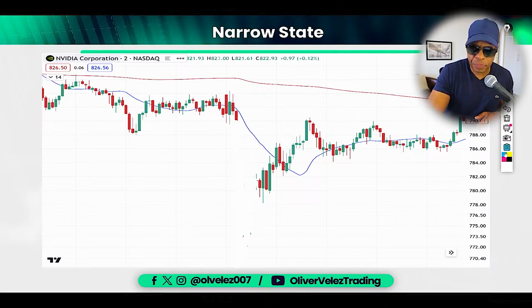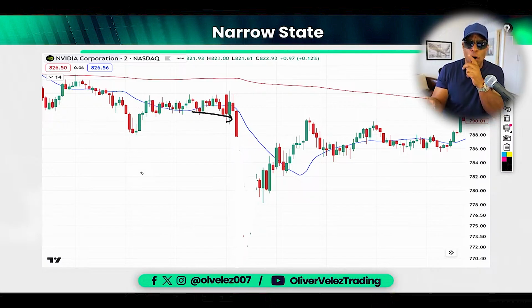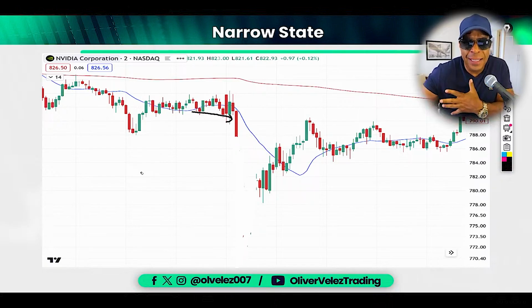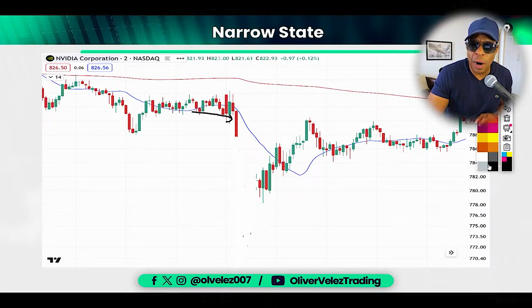All right, now, the stock opens up and starts to produce a little bit of red, but that's not enough. And then, boom, that's enough. I'm leaving the narrow state with power. Power bar entry. I don't need any more proof. This is power coming out of my narrow state.